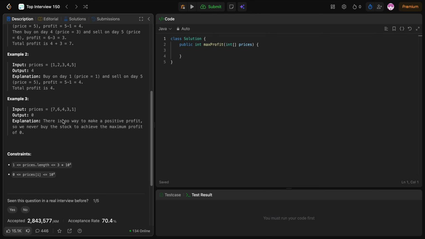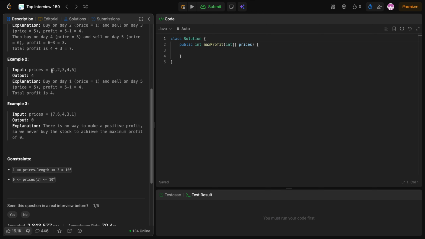Okay, let me look at some other examples just so I have a better understanding. So 1, 2, 3, 4, 5. In this case, it's buy on day 1, sell on day 2. Okay, well in this case, you just buy on day 1 and sell on day 5.